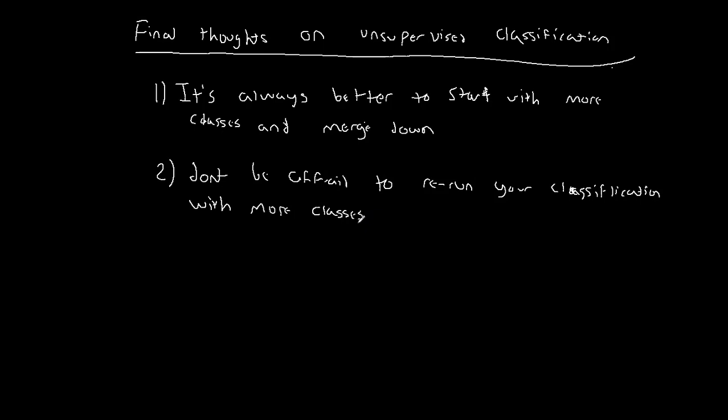Right, if you get to a point where you really think you should be able to discern between 2 surface features, right? You don't think it's an issue of spectral or spatial resolution. Don't be afraid to bump up the number of classes and see if maybe the next iteration with an additional class or 2 might pull those apart. And then you can again merge down to get where you need to be.